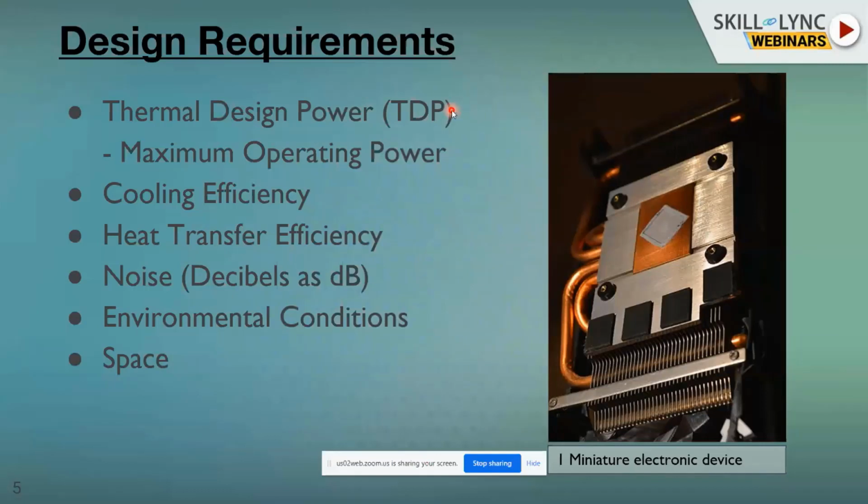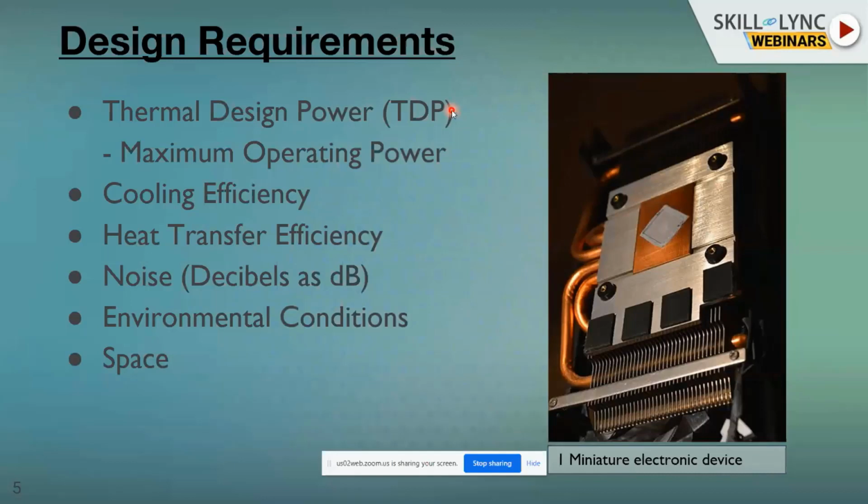The last one, but very important, is the space. How much space do I get? I cannot place a bigger electronic device. And now there is miniaturization in every electronic device. Our phones are getting miniaturized, with a minimum thickness of 7 millimeters.